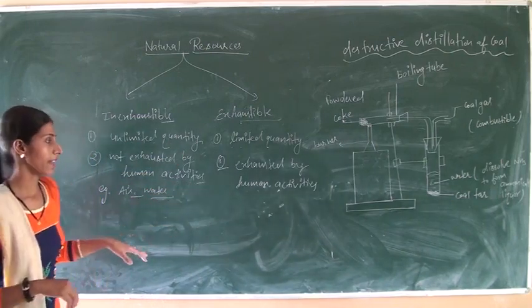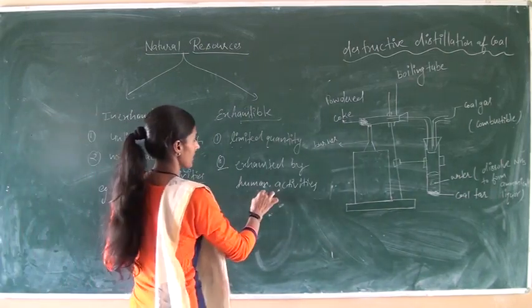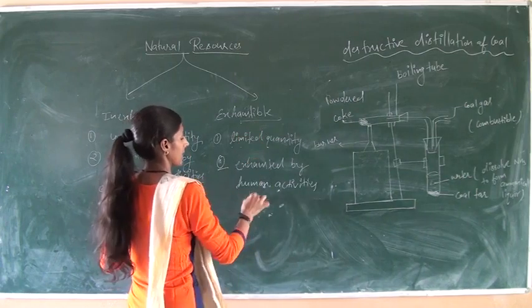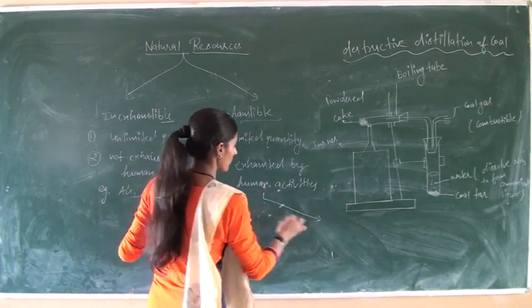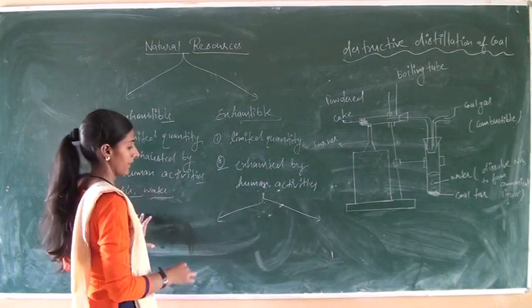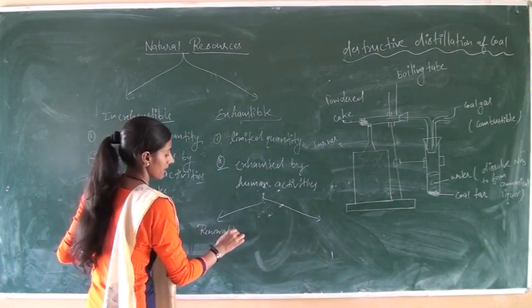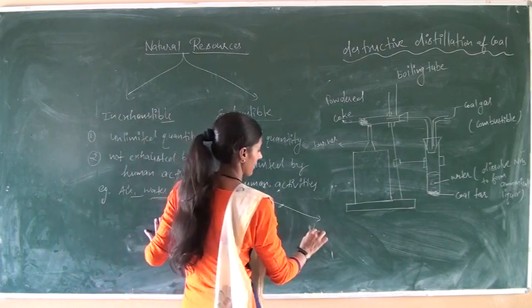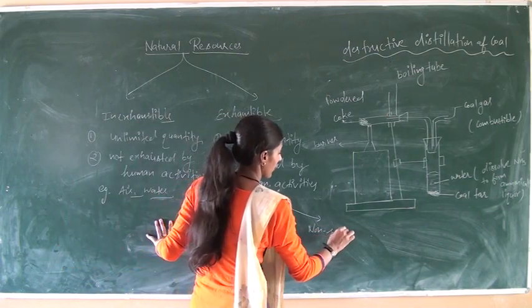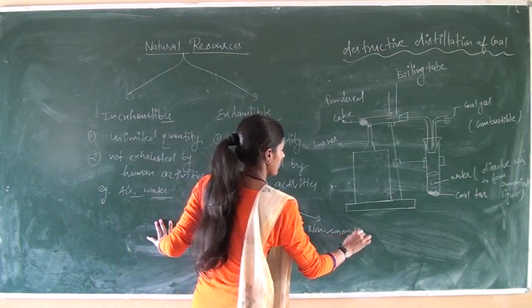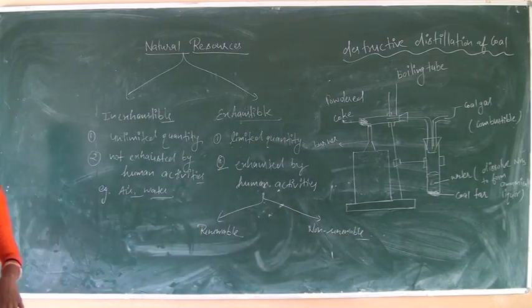Okay, after that, exhaustible natural resources are further classified into two categories, that is renewable and non-renewable exhaustible natural resources.